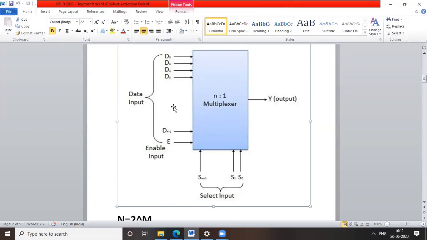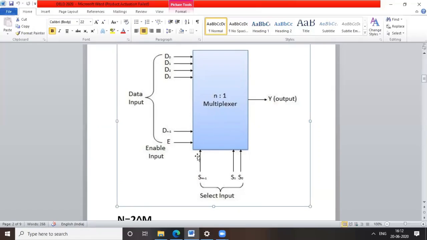So, for example, if selector lines are having value all 0, in that case, which input line will be selected? D0. If selector lines are having value like 0, 0, and at the end 1, then which line will be selected? D1, like that.